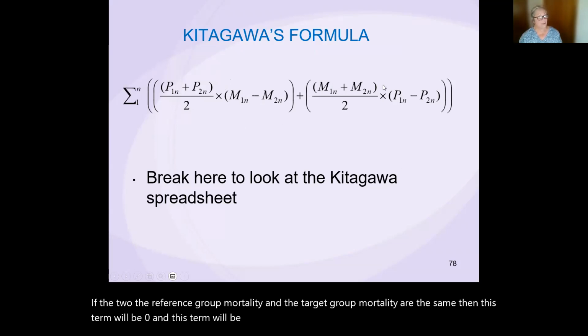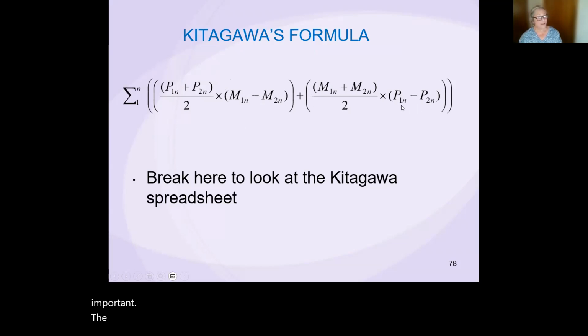And for the whole stratum, this term will be what's important, the proportion of babies that are in that stratum. And again, if the proportions are the same, then the term on the right will go to 0.